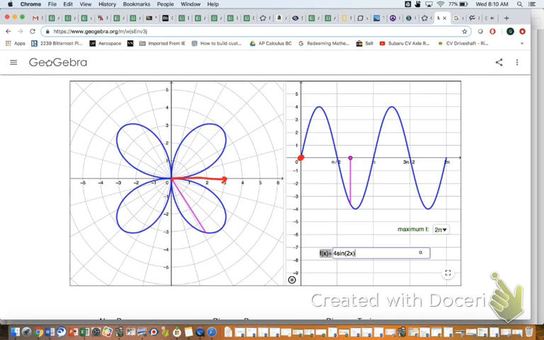That's right. So then, for what theta is the radius biggest? What would you say? Pi over 4. You can see that over here. But then pi over 4 would show up right about there, wouldn't it?